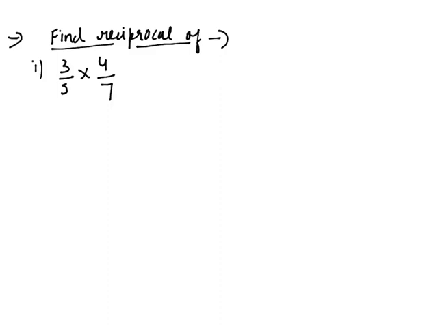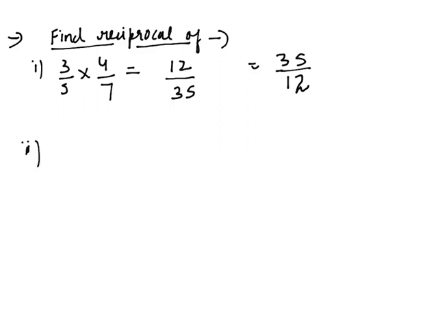First we will find the product of these two rational numbers. It will come as 12 by 35. Now we have to find the reciprocal. So the reciprocal will be 35 by 12, as here the numerator will become the denominator and the denominator will become the numerator. So the reciprocal of 3 by 5 times 4 by 7 is 35 by 12.